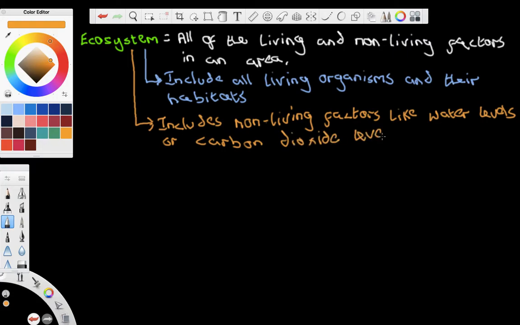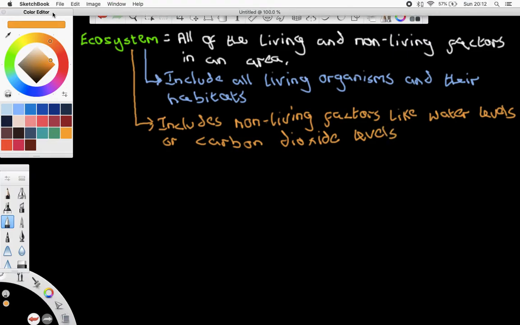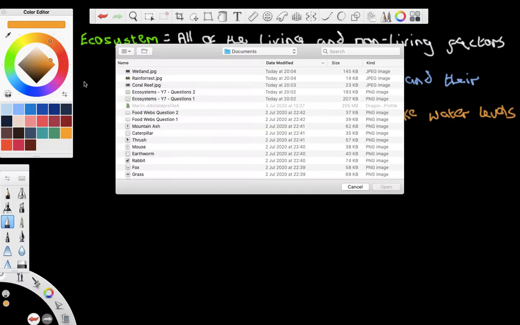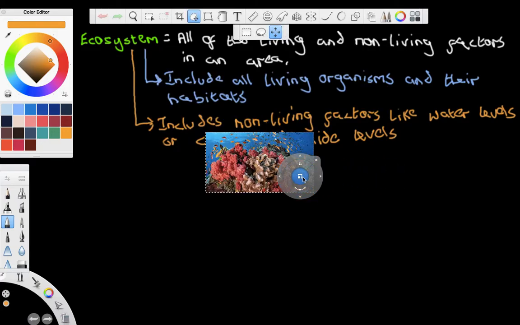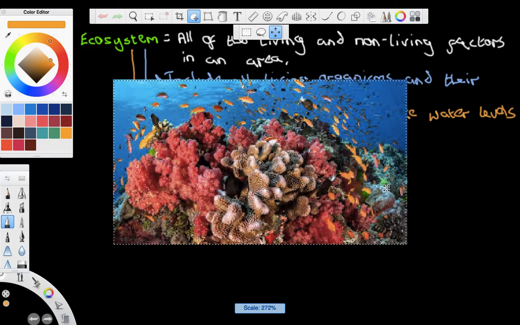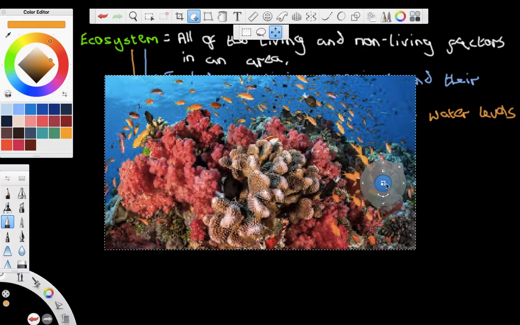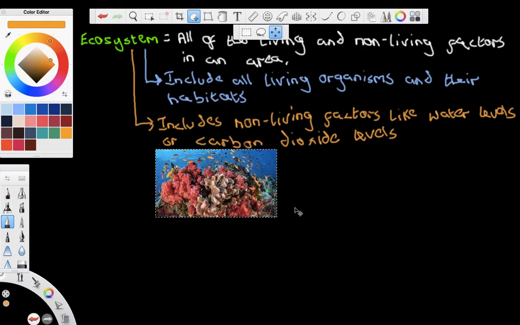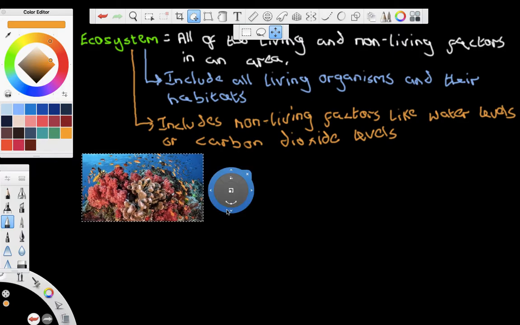Now, some examples of ecosystems which I've prepared, the most beautiful one that I could find was the coral reef. So a coral reef is found underwater. This is an example of an ecosystem because it contains all the fishes, it contains all the coral, but it also contains water. It also contains levels of oxygen that are dissolved in the water.